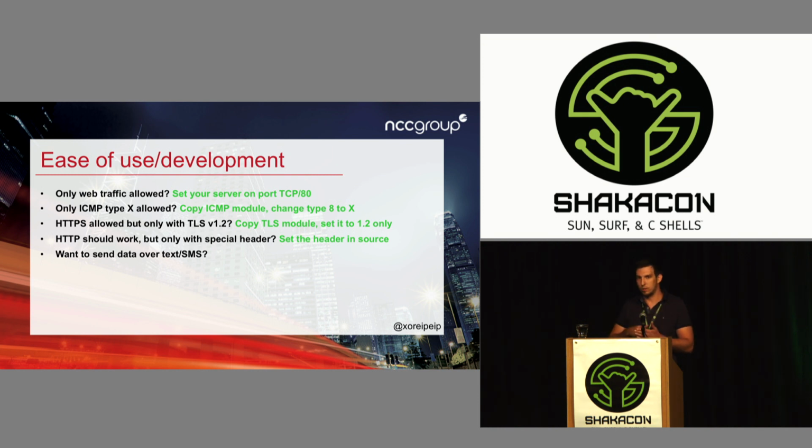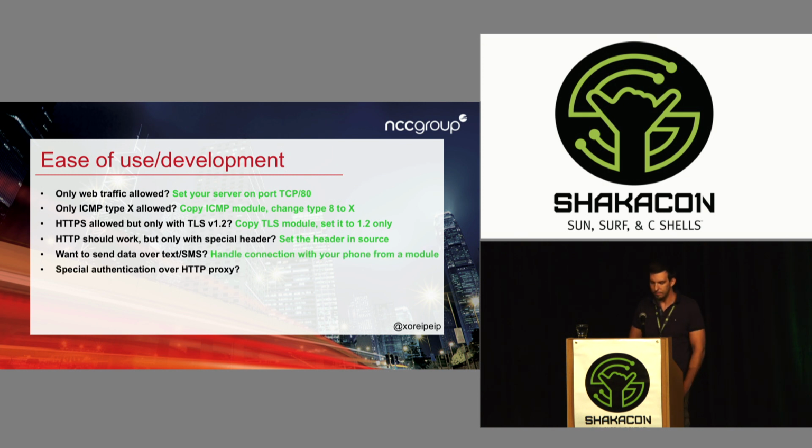So you can route all your packets over text or SMS. If there is some kind of special authentication, for example, Kerberos, you implement Kerberos authentication, which is kind of hard, but you can do that. You enable it in the configuration, and you are good to go.